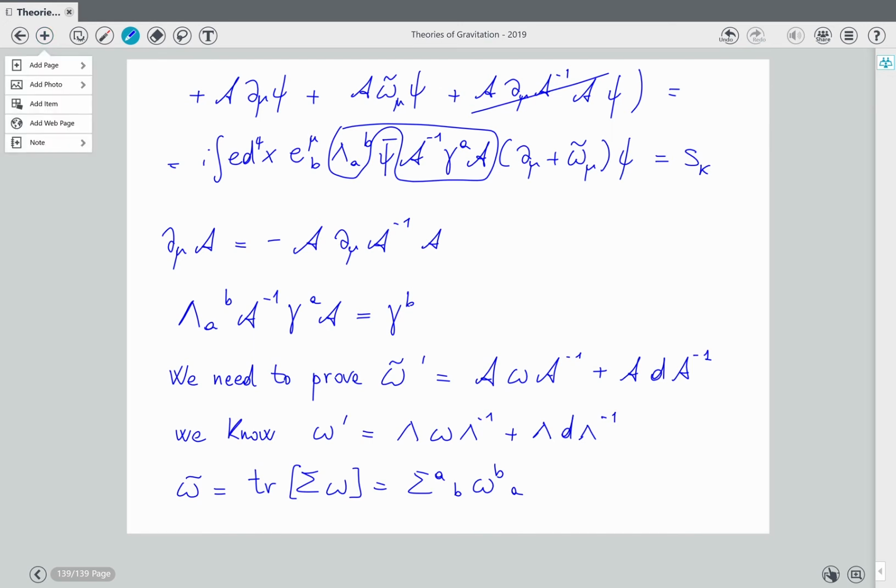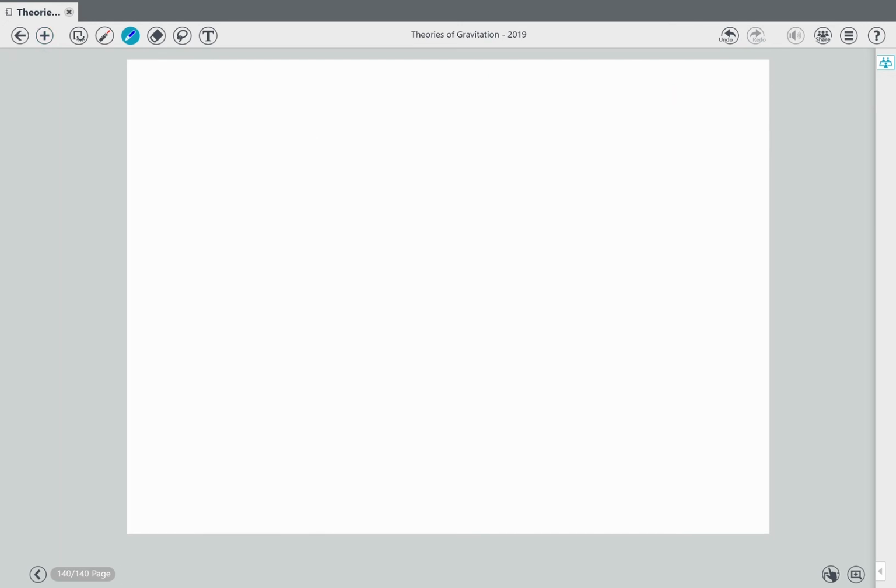So, omega tilde prime is the trace of sigma omega prime. Sigma doesn't transform, sigma are numbers.